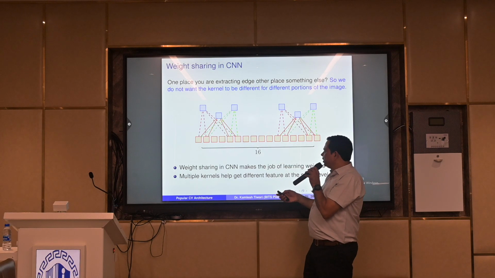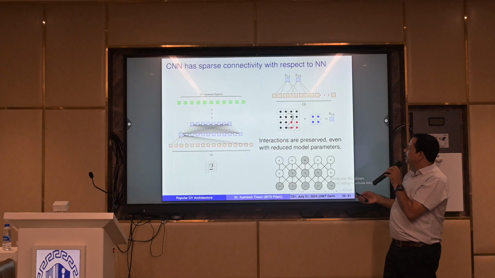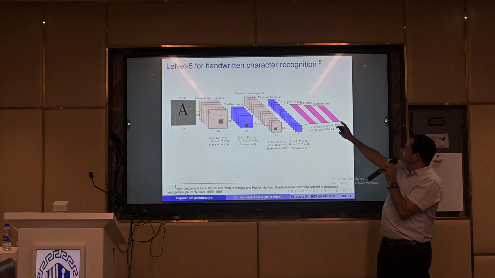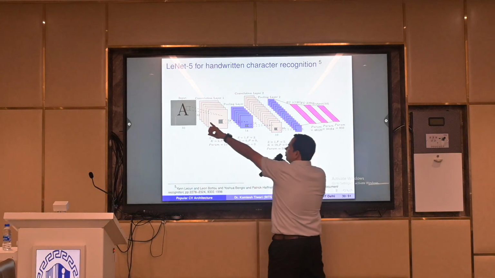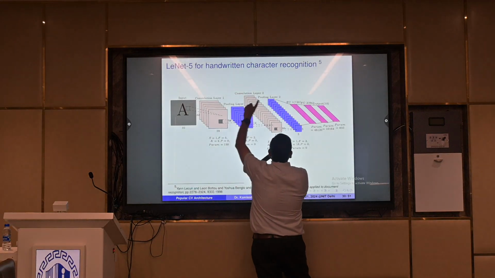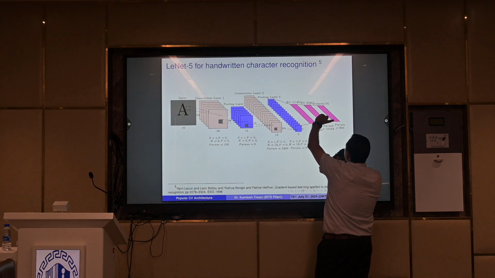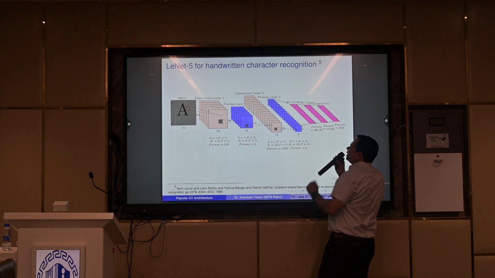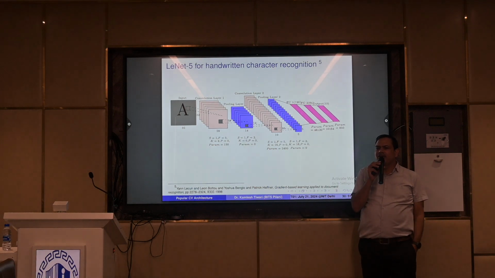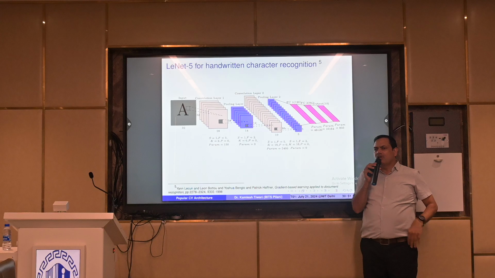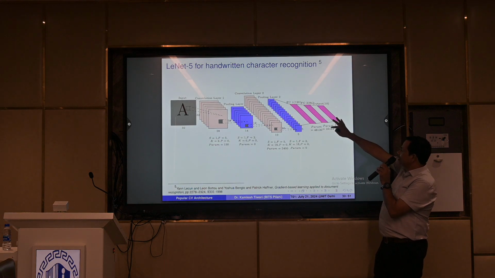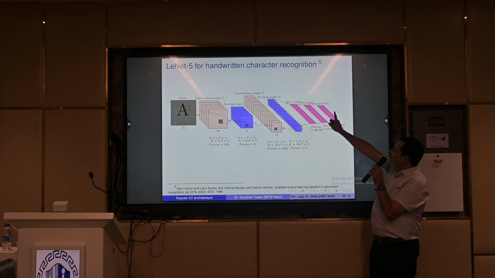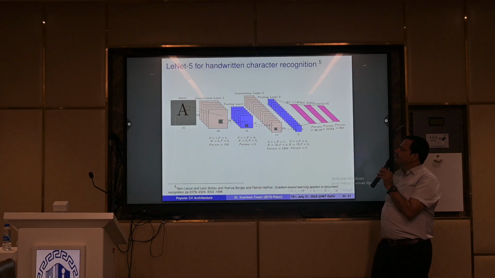The final output you get only after applying the fully connected layer. What you are talking about is only this part. To get the final output, what class this item belongs to, you have to put a fully connected classification head at the end.